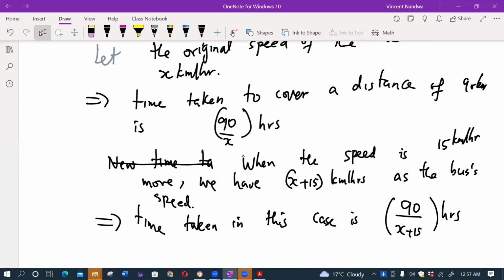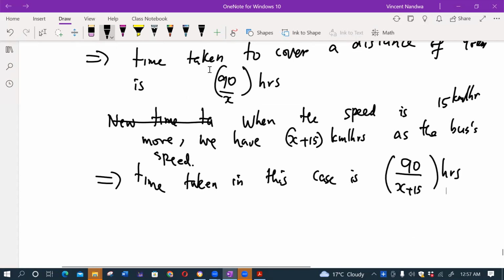So if a bus covers a distance of 90 kilometers at a uniform speed, and if the speed is increased by 15 kilometers per hour, then it will take 30 minutes less for the journey. So it means that the difference between these two times is what should give us 30 minutes, or half an hour.